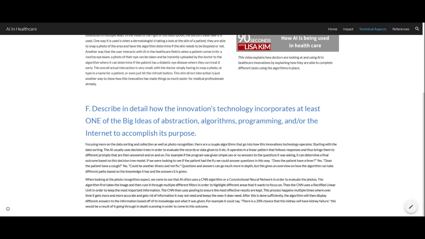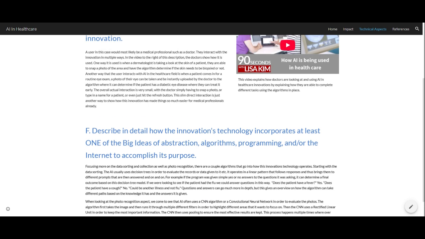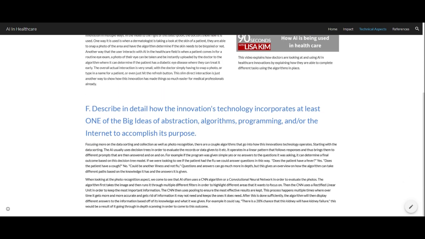And then once it has the answer that it needs, it'll display an answer for you. An example would be, yes, this person has a diabetic eye disease that needs to be taken care of, and they learned that through the CNN algorithm in the picture that was taken.